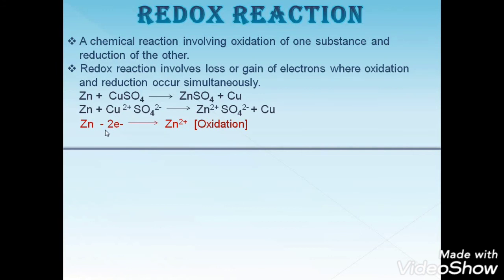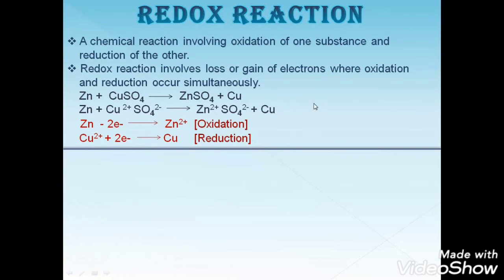Because it is losing 2 electrons, it is oxidation reaction. Simultaneously, copper ion Cu2 plus is gaining 2 electrons, and since it gains 2 electrons, it becomes an atom, copper, and gain is reduction. So in this particular reaction, we have loss of electrons and gain of electrons, and that is why it is a redox reaction. As I told you, no reaction is alone oxidation or alone reduction. Every chemical reaction is a redox reaction.